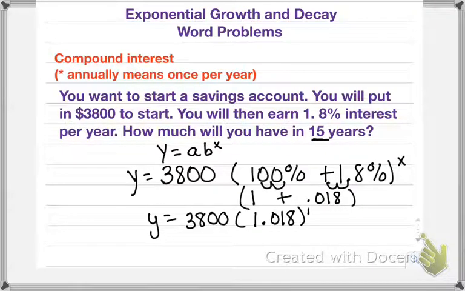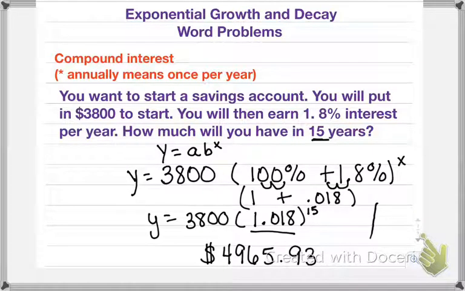So our x becomes 15 because that's how many annual years it's happening. Then we're going to use our calculations for this amount. In your calculator, you take this first to the 15th power, then multiply it times 3,800, and you're going to see your answer will be $4,965.93.